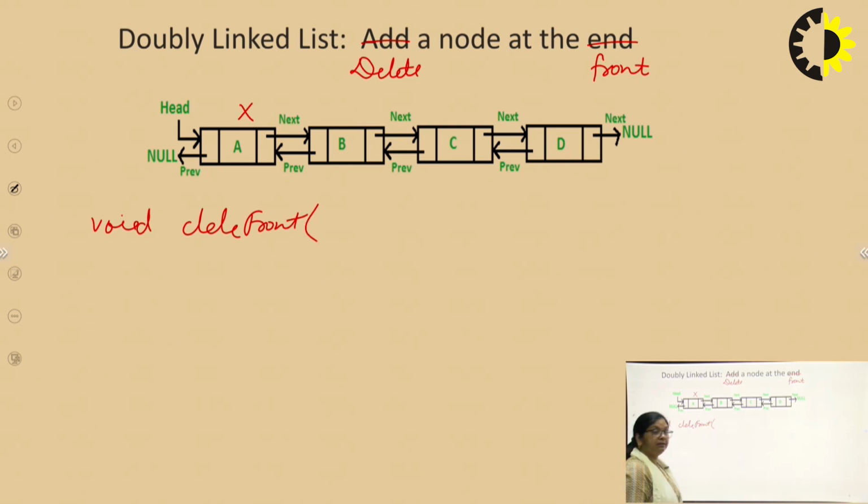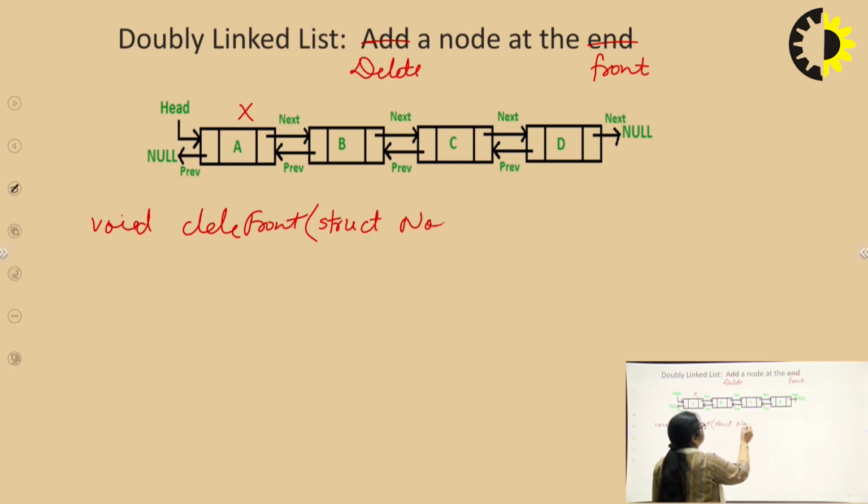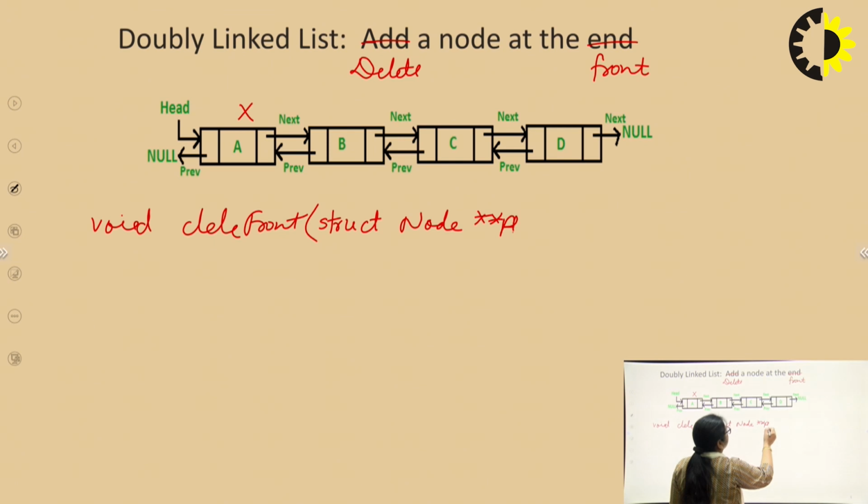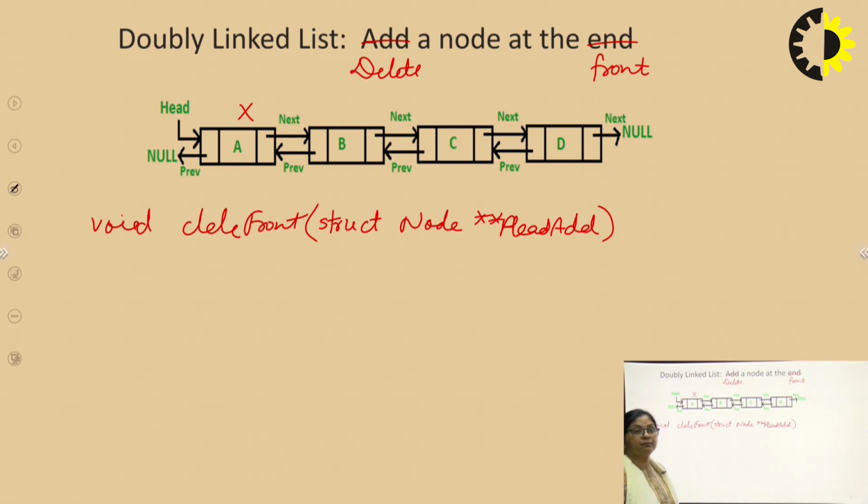As I delete the front, it will change my head, so I need a double pointer: struct node star star head pointer. Head pointer means head address.